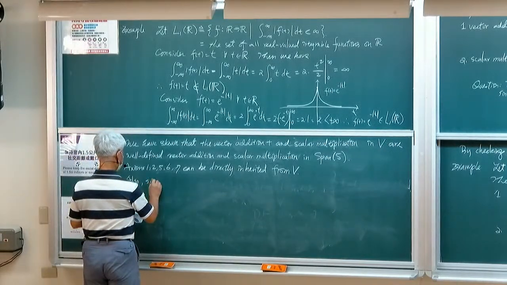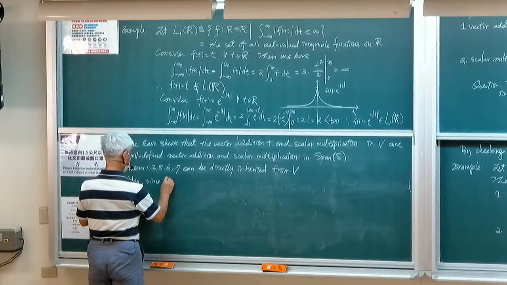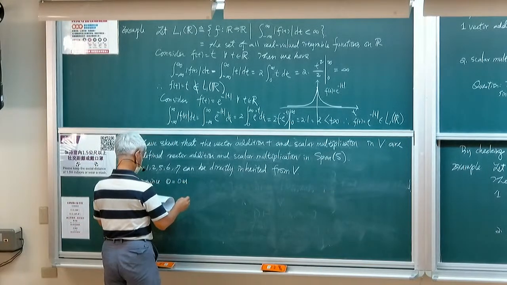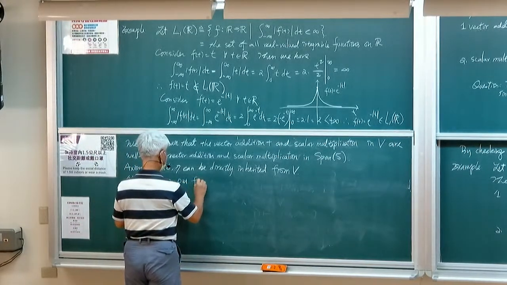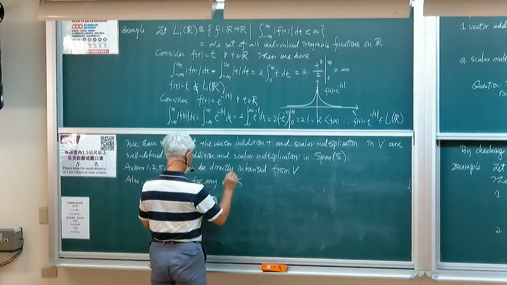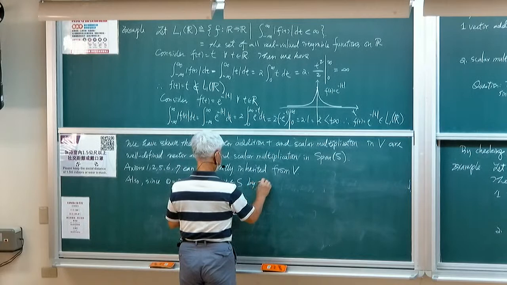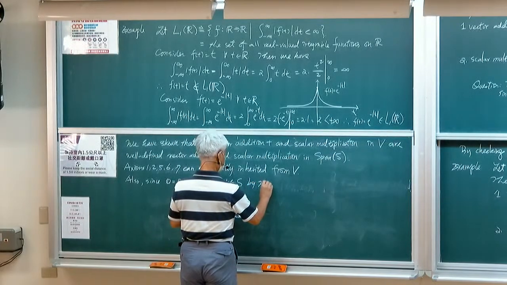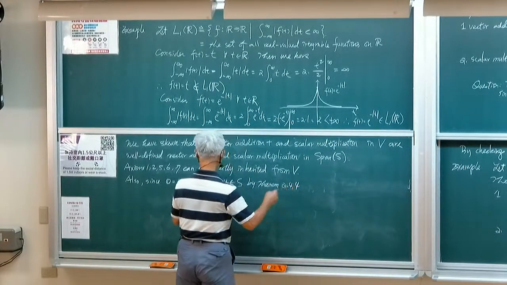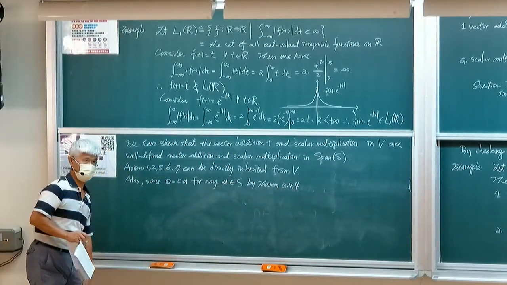Since we know the zero vector is the zero scalar multiplied with u for any u in the subset S by theorem 2.4.4, right? We proved that on Wednesday.